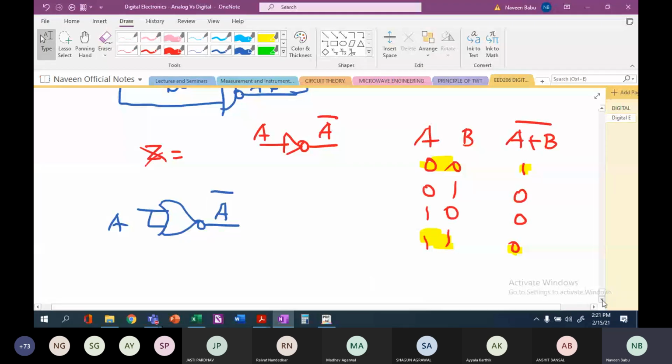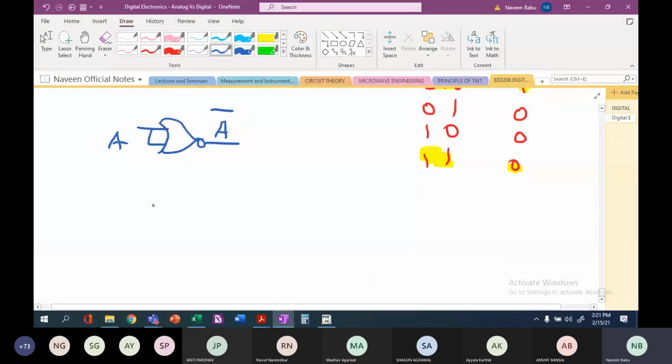Now let's take the AND operation. Let Z equal to A dot B. We have to convert this into NOR gate. How do you do? This can be written as, again applying De Morgan's law, complement of a complement. Now your objective is to remove the dot signs. So this will become, break the inner bar, this will become A bar plus B bar the whole bar.